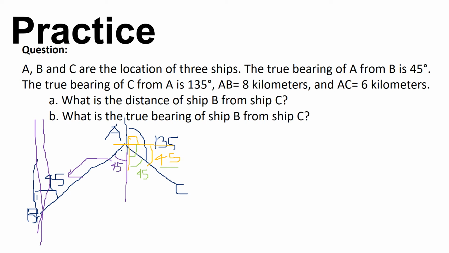So as you can see, we now have two 45-degree angles side by side. That means that this is a 90-degree angle. So now we have a right triangle, because a right triangle has a 90-degree angle.